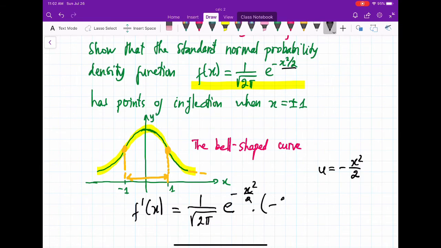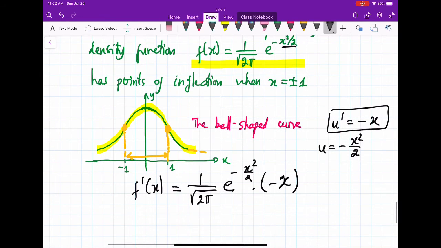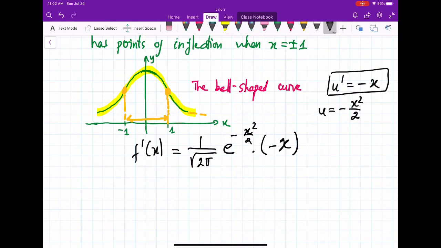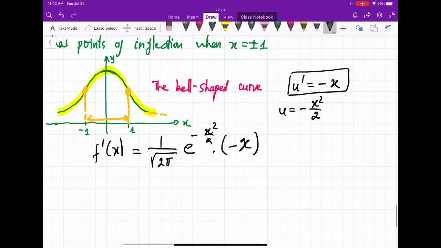I have negative x only because, what is u prime? That is just negative x, right? That is the first derivative. And then let me rewrite this as negative 1 over square root of 2 pi x e to the negative x squared over 2. Let's find the second derivative.